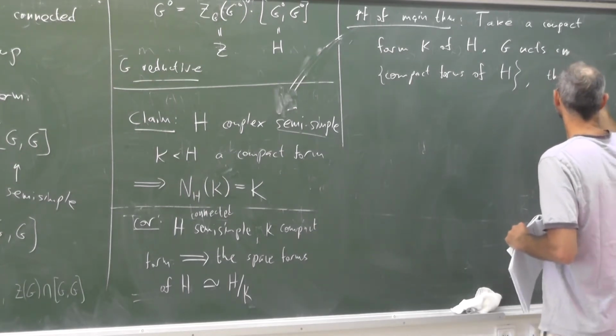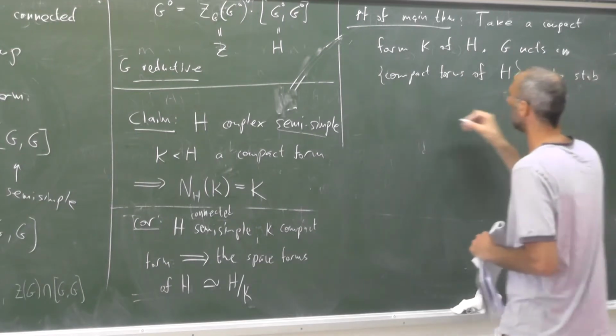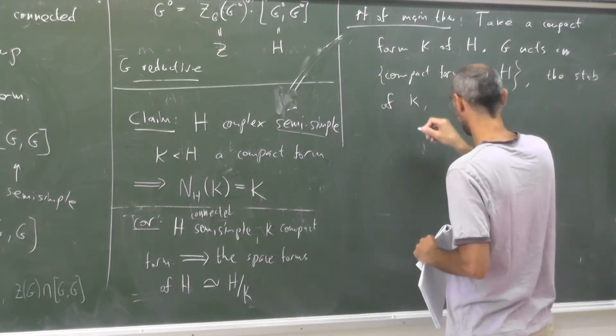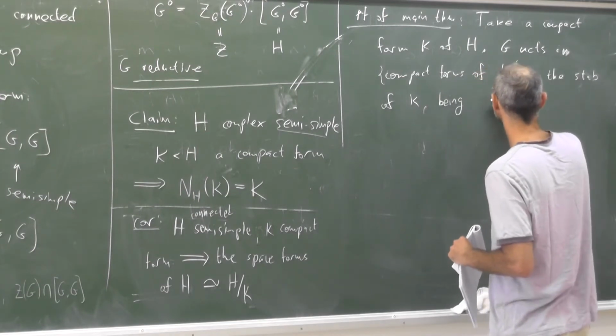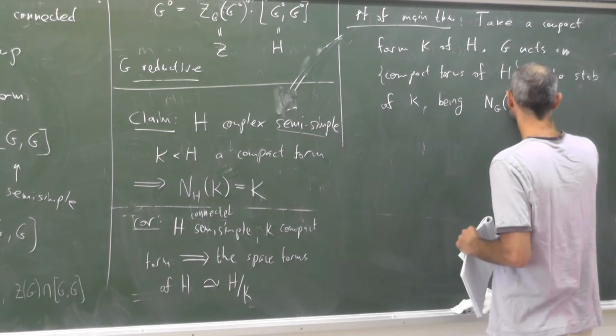The stabilizer of K itself being the normalizer in G of K.